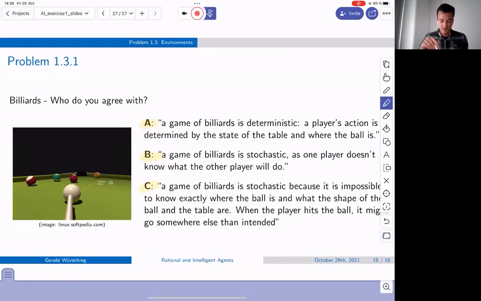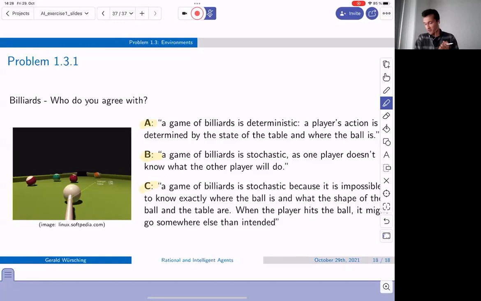And the idea would be that if you have an agent which should be applied to the problem of billiards, you would always, or currently always, try to implement this agent with some kind of stochastic environment model, right? So you would have a stochastic world model which accounts for uncertainties when you hit the ball, and for uncertainties within the table, and so on.